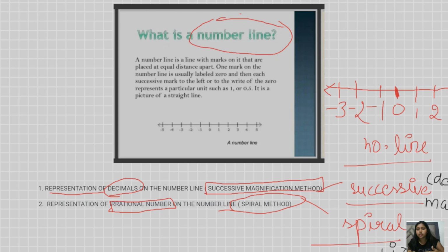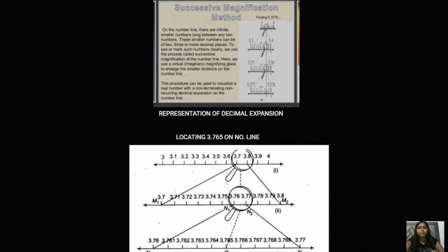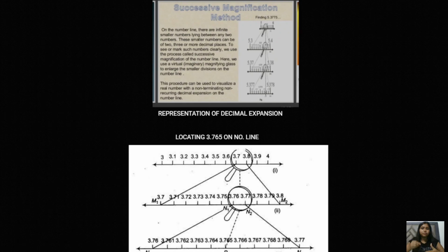Let's look at them in detail. You can copy down the successive magnification method in your notebooks because it is a very important method and you have not studied it in your previous classes. So this is a new topic for class 9th.